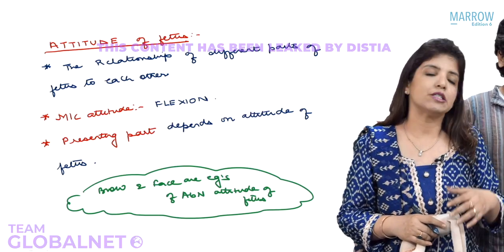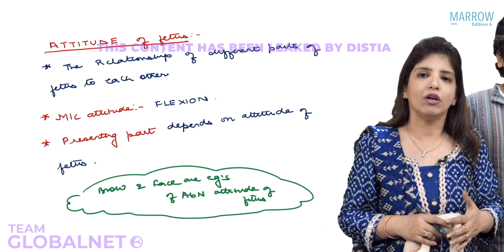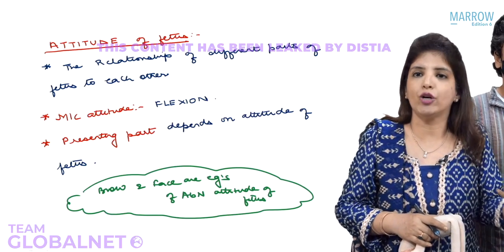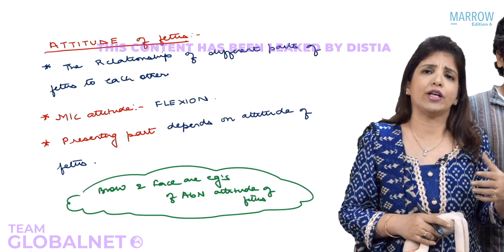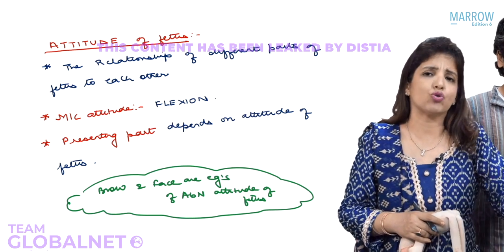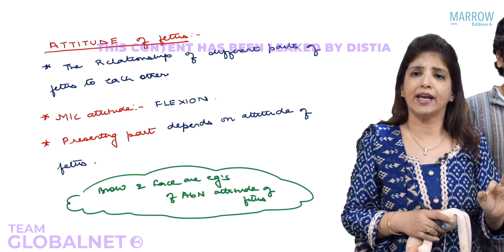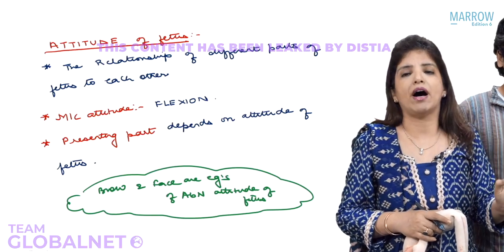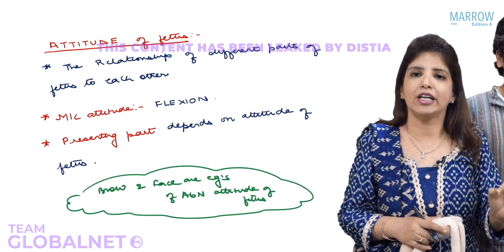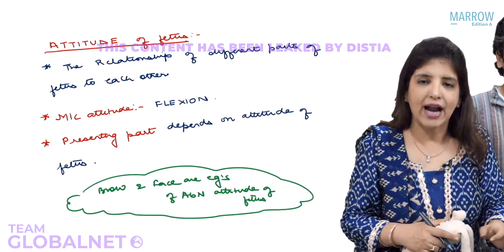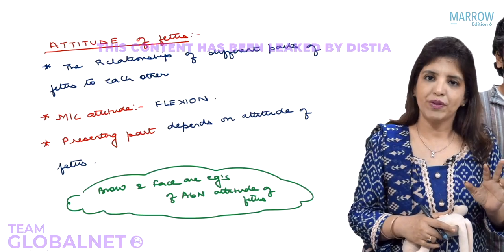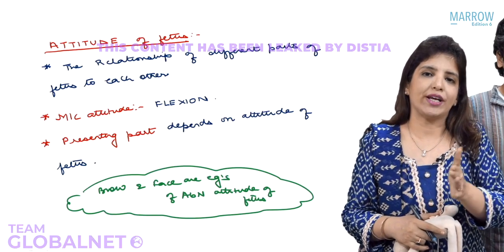So the presenting part always depends on the attitude of the baby, rather than saying whether the head is fully flexed, fully extended, partially extended. We can simply say that presenting part depends on the attitude of the baby, right? A normal attitude is that of flexion. Abnormal is that of extension.